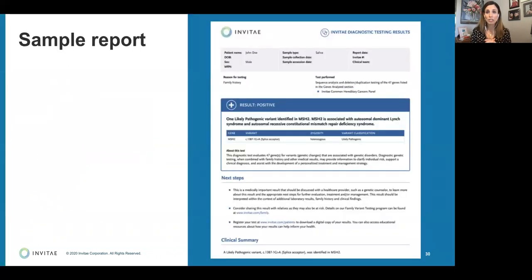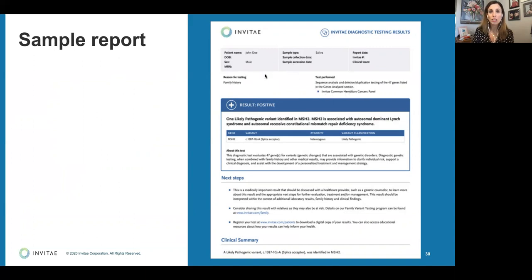So in our last few minutes together, I just wanted to walk you through a sample test report and things that you should be looking for when you get a test report back for your patient. So one, you want to ensure that the patient name and identifiers match up with the patient that you are working with. The test report should list the reason for testing and what test was performed.